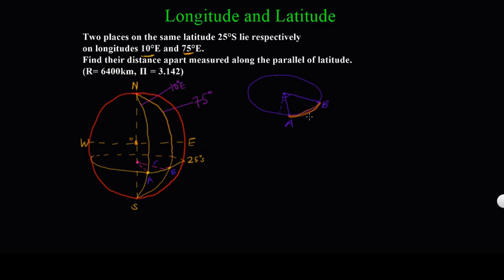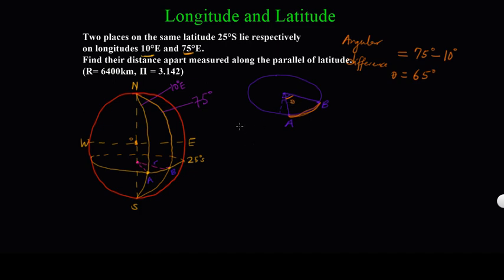To be able to determine this distance, we will need the angular difference between point A and B. And that angular difference is equal to the difference between 75 and 10 degree. That's 75 degree minus 10 degree, and that gives us 65 degree. So that's our theta. That's the angular difference between these 2 points.